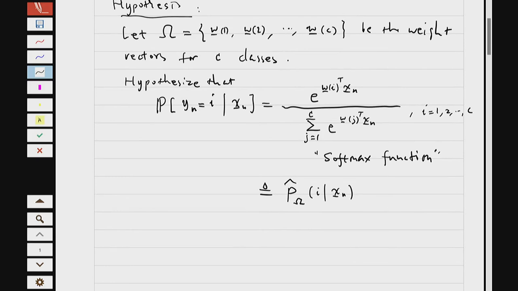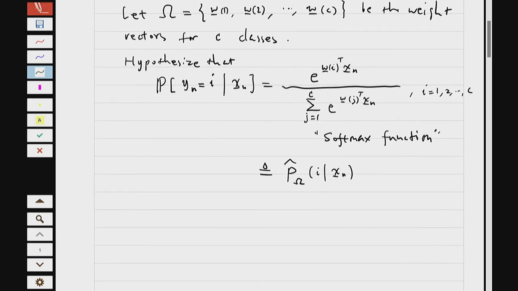It's your estimation of the probability that the label should be i. As you can see, this is a very natural extension of binary logistic regression. Previously, we only had two kinds of probabilities. Now you have C different probabilities, but they all should sum to 1.